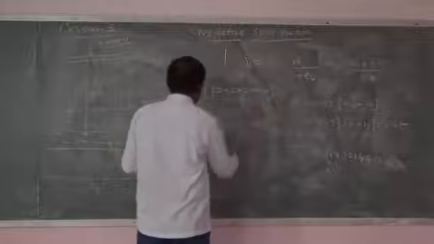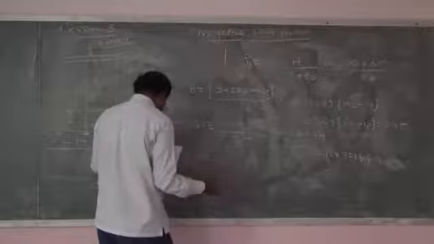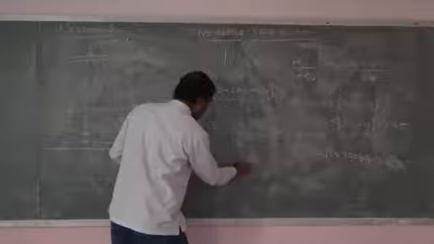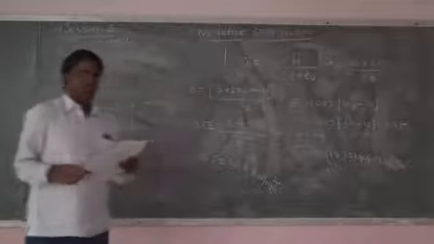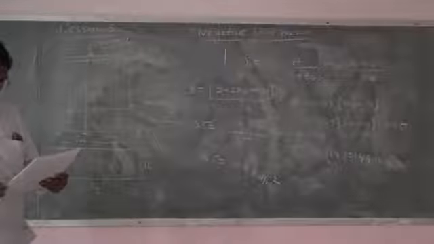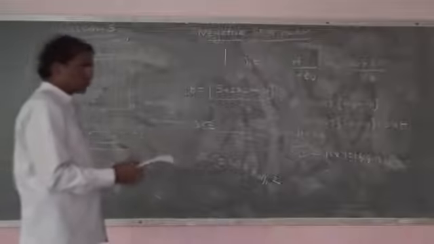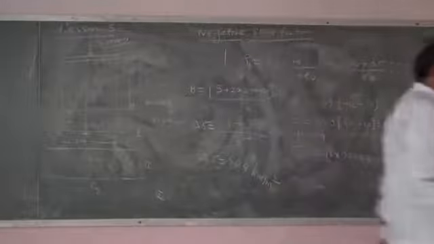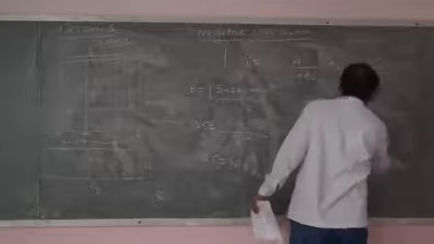Whatever you calculate, you will get from that delta sigma equal to 56.4 kilonewton per meter square. This one we did. After this, you substitute all the values.